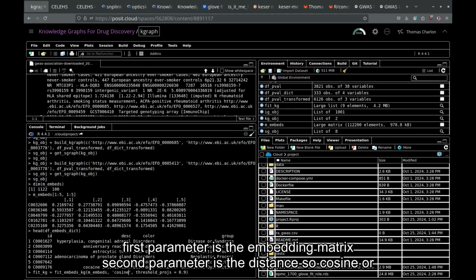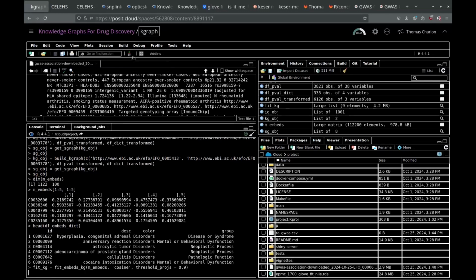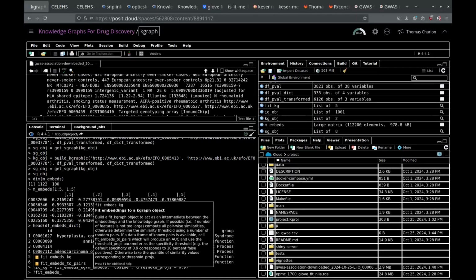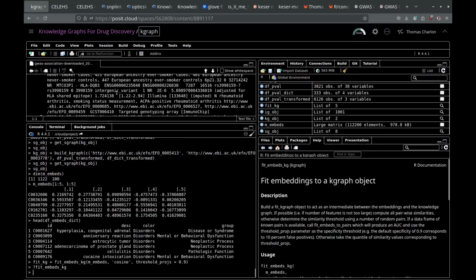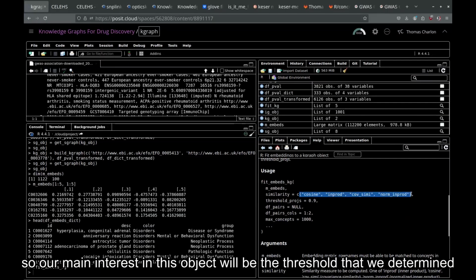The second parameter is the distance, so cosine, or I think it's inprod for inner product, which is detailed more in the function. We can have a look at the function documentation. Here we have the different similarities we can use.